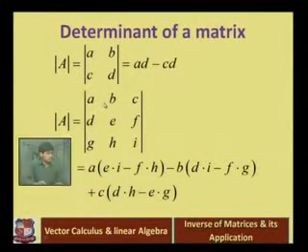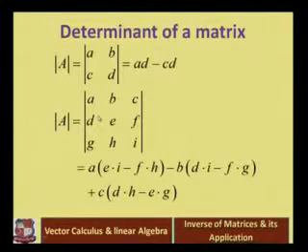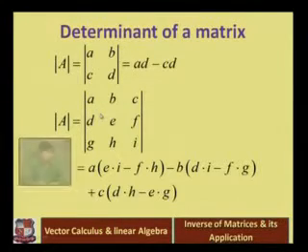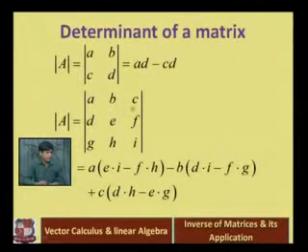Now we also see how to find a 3 by 3 determinant. Let one example be the 3 by 3 determinant A B C, D E F, G H I. For the solution we take the entries of the first row.